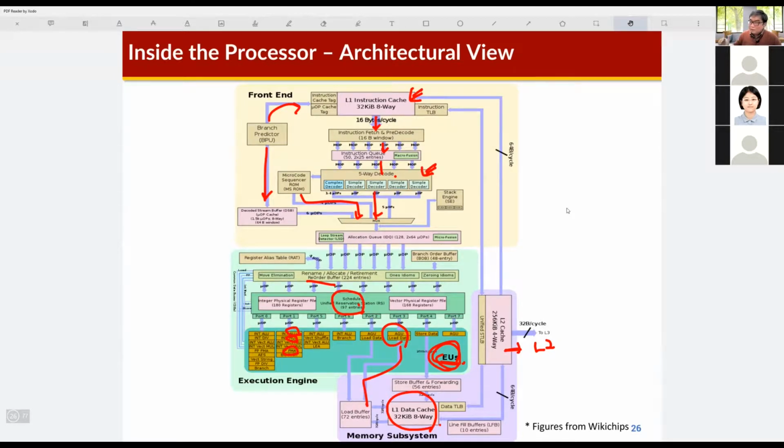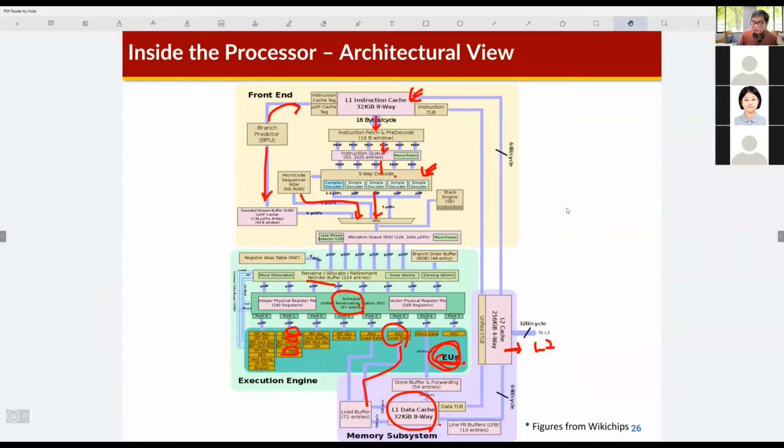Hopefully, at the end of this course, I hope you can understand the blocks of this figure. We will learn about the cache, the execution engines or ALU, and the decoder in this course. We just learn how the cache works, how the decoder works, and how the execution unit works. I hope you can understand some of these blocks.